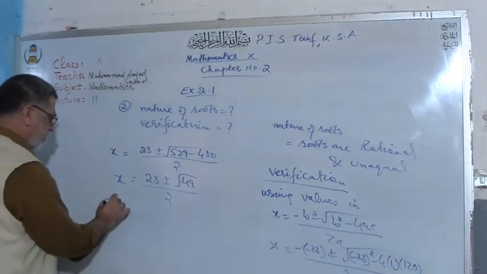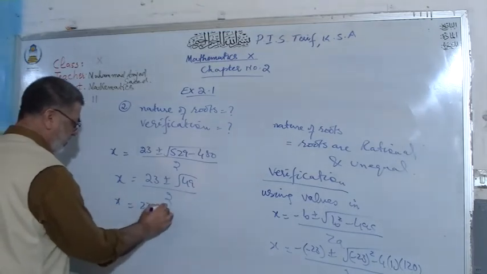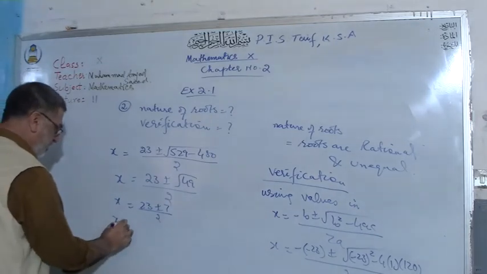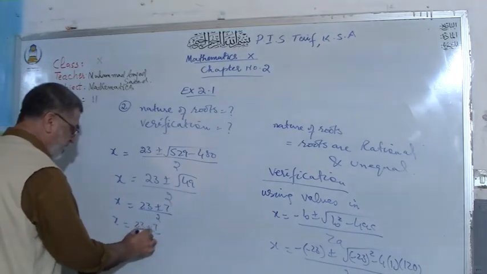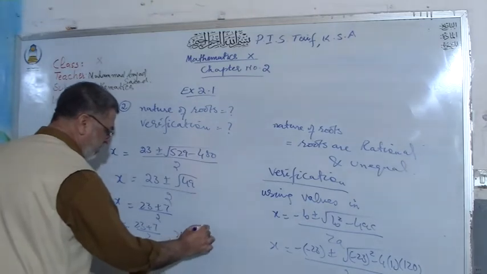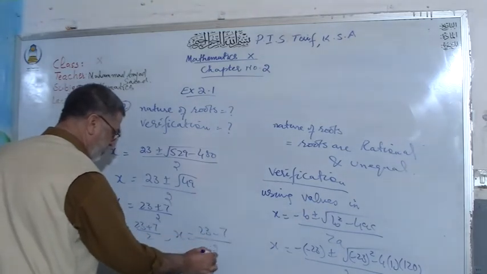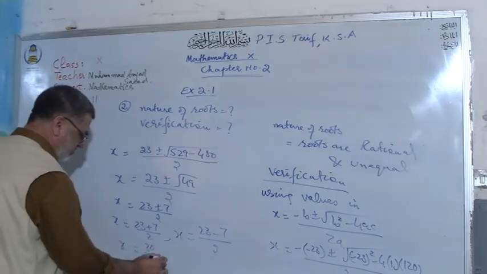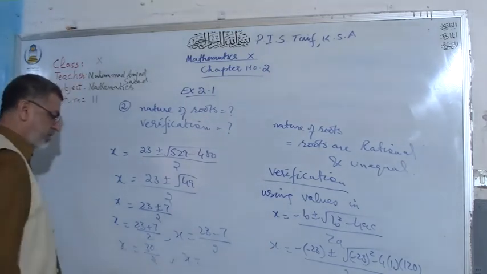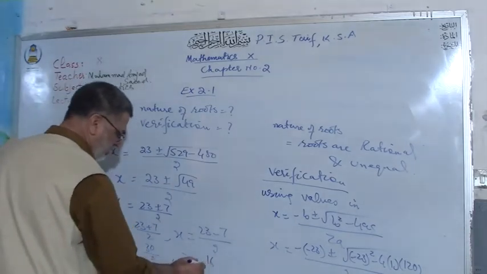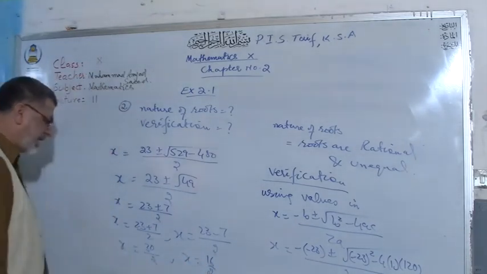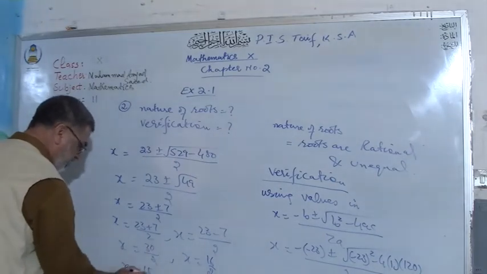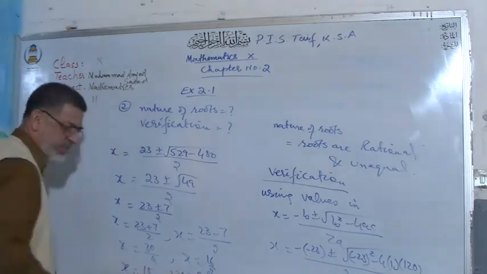Here we will have 23 plus minus 7 over 2, as the square root of 49 is 7. x equal to 23 plus 7 over 2, x equal to 23 minus 7 over 2. So we will have x is equal to 15 and x is equal to 8.